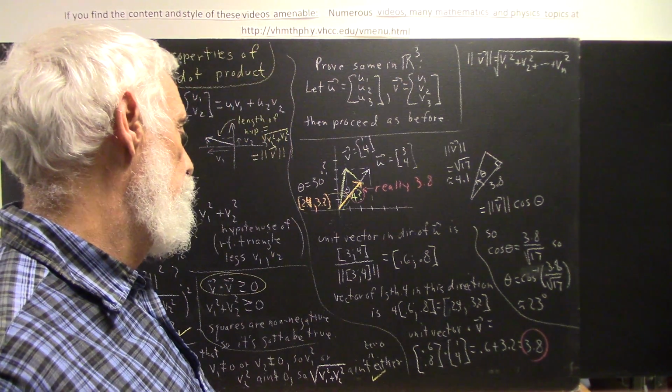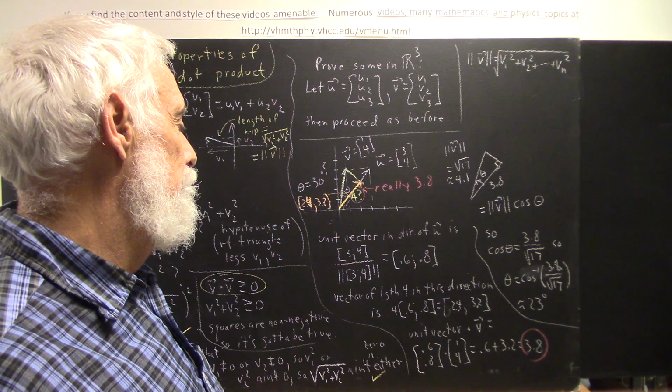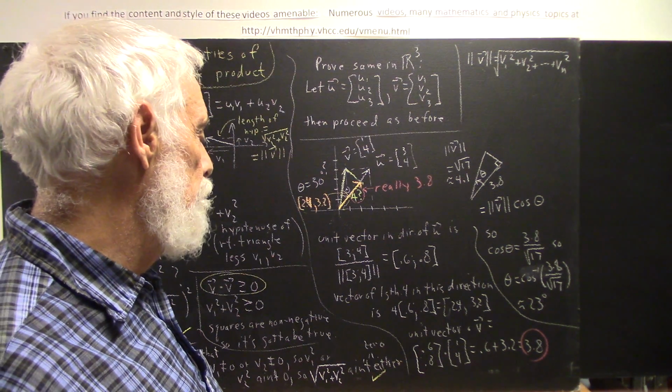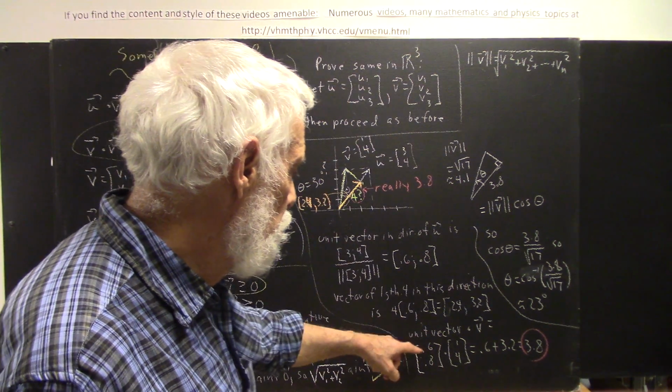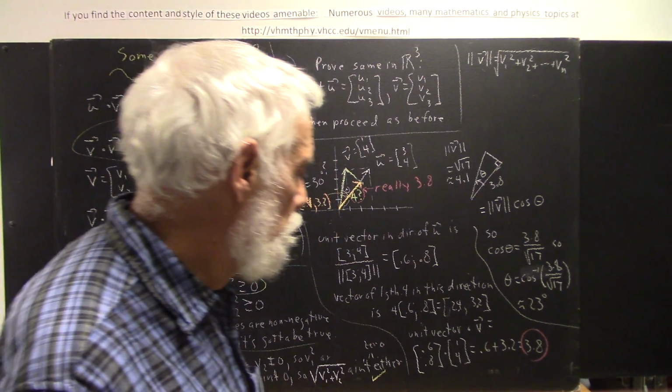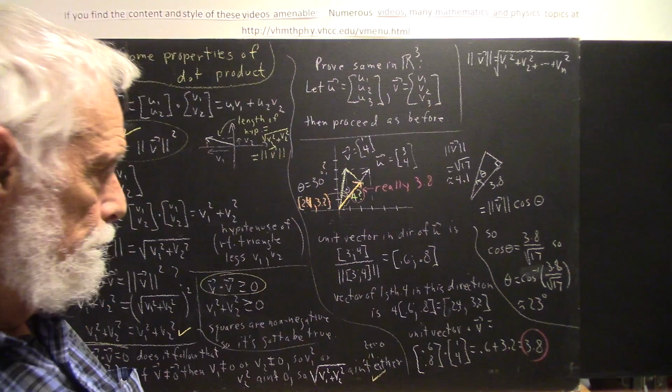Now, if we take the dot product of the unit vector with the vector v, we get 3.8.